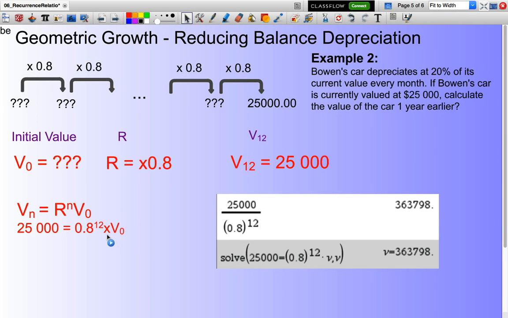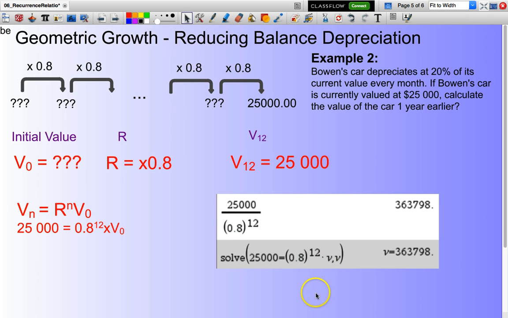So I can either just perform that straight calculation here on my calculator, and I end up with 36,378. If this is getting a little bit scary for you with the algebra, then you can look to solve for V, where I've said 25,000 equals 0.8 to the power of 12 times V, and I want to solve for V.